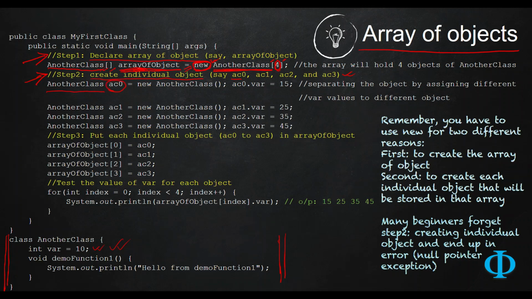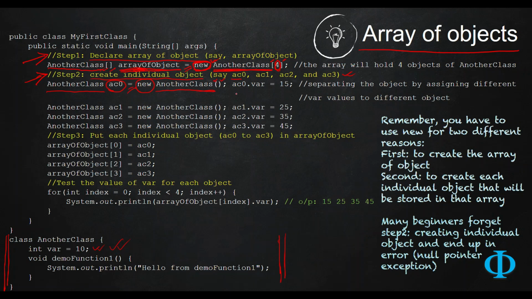Here I have used AC0, but you can use any name of your choice, followed by an equals symbol. Then this new keyword to tell the Java compiler that I'm interested to create a new object, followed by the class name once again, which is another class over here, and then opening and closing parenthesis. So that's how we can create the object, as we discussed earlier.